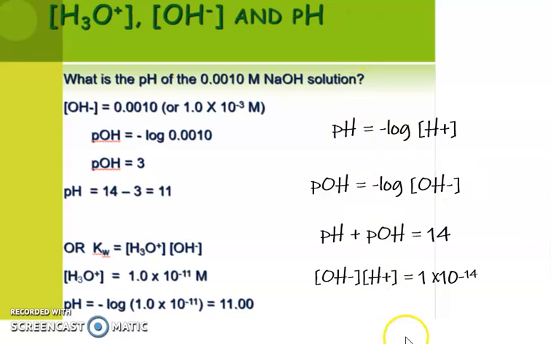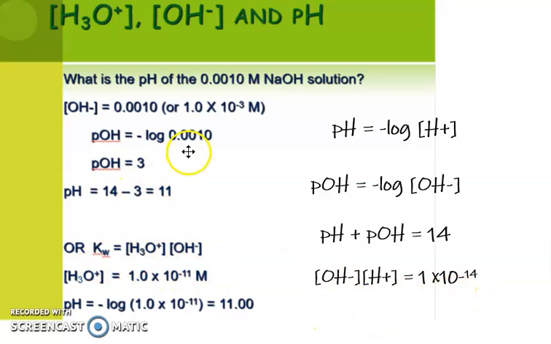Okay, so here are those relationships again. And now this is wanting the pH. And here's the hydroxide ion concentration. So what you have to do is, first of all, find the pOH from the hydroxide ion concentration, or else you could find the hydrogen ion concentration with this Kw relationship. I don't know if you remember reading that in the book.